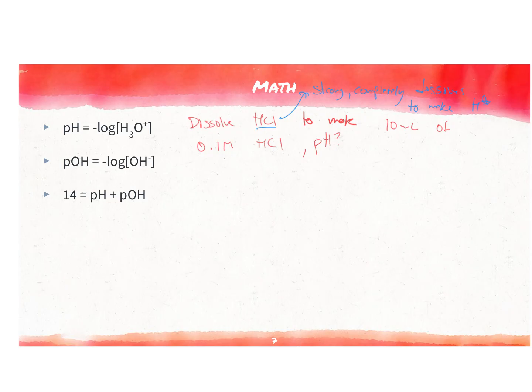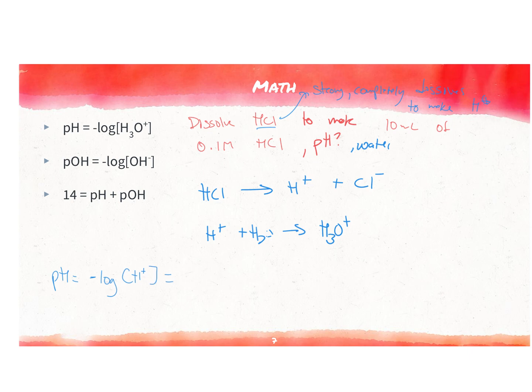So I've taken my HCl, I've dissolved it to make H plus and Cl minus, and since I'm dissolving it in water, this essentially means I've taken the H plus and water to make H3O plus. If I want to find the pH, pH equals negative log concentration of H plus, which is the same thing as minus log concentration of H3O plus.